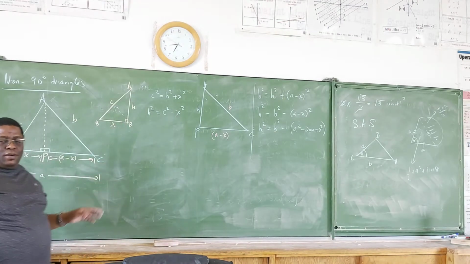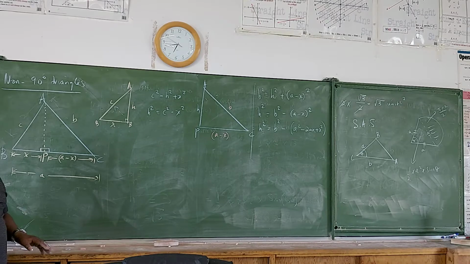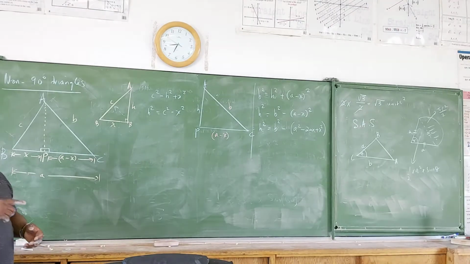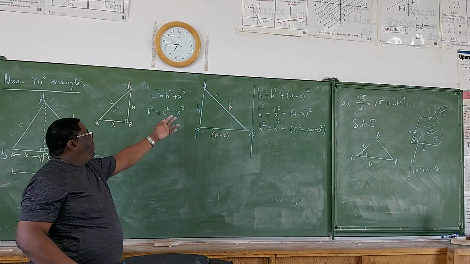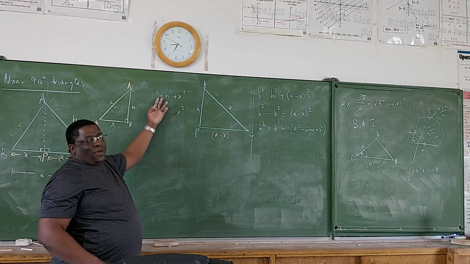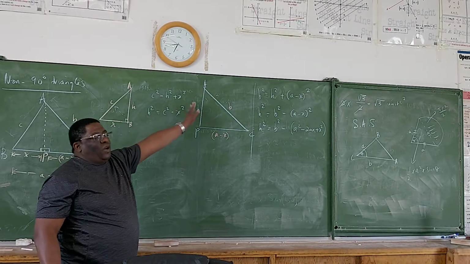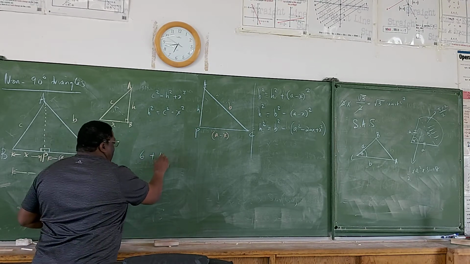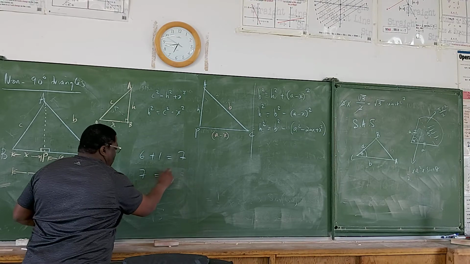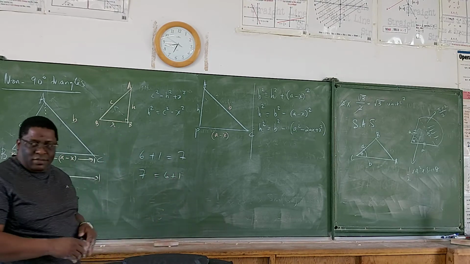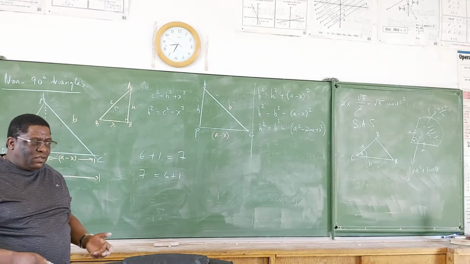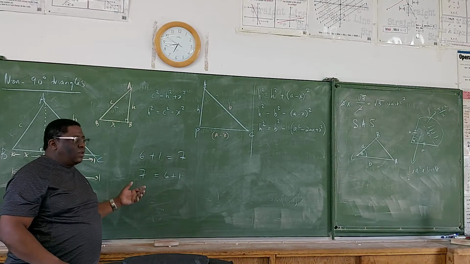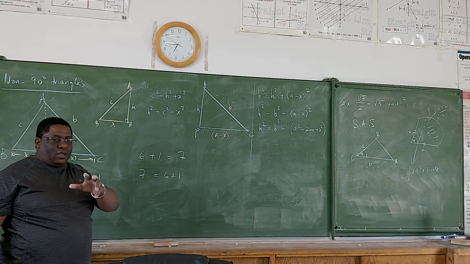And the way you rearrange. Should I start the rearrangement again, because you got confused here? If you take this over, it becomes a minus. The h will now be there. Are you confused or should I start over?